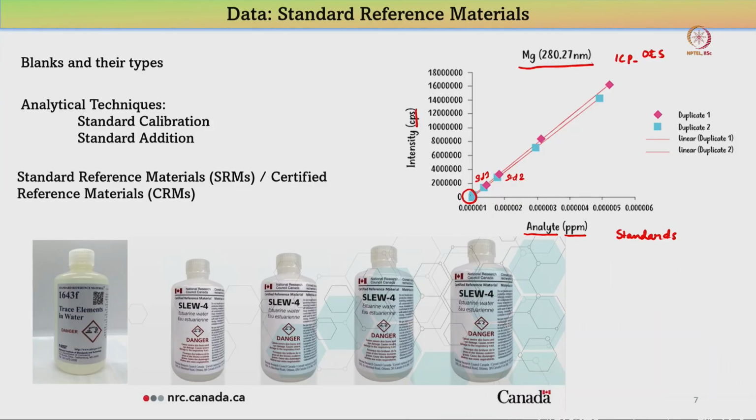I am preparing, say, magnesium standards. Suppose I am preparing 1 ppm, I am preparing 10 ppm, I am preparing 50 ppm, I am preparing 100 ppm. Like that I will make at least 5 to 7 standards.